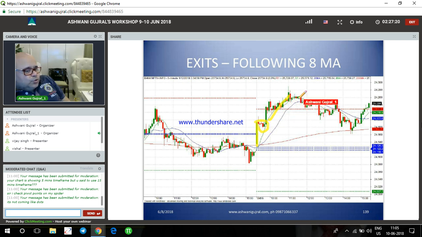Either you can use the 8 period or you can use anything above this. Obviously this looks like a sideways zone. So if you are taking previous day high out, you don't want to stretch because follow through may be missing. In a sideways market, we are generally looking to play R1, S1 or high low of the previous day.